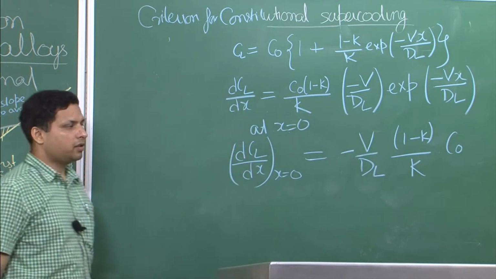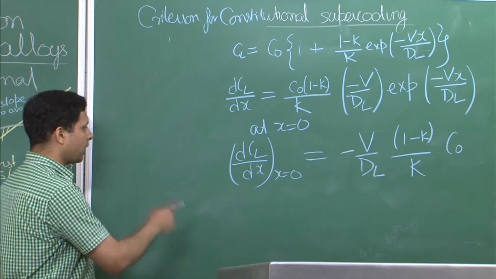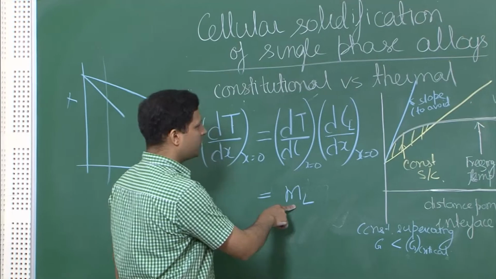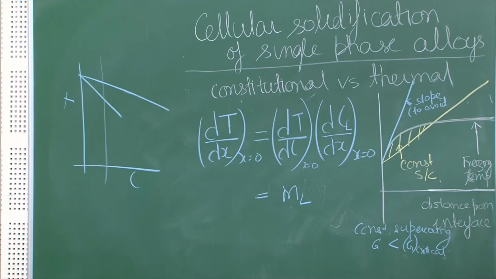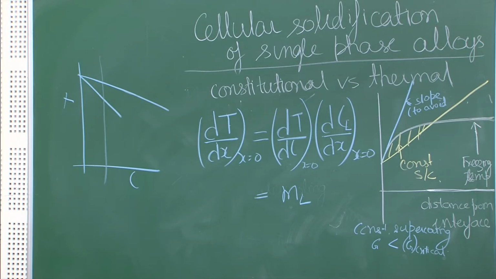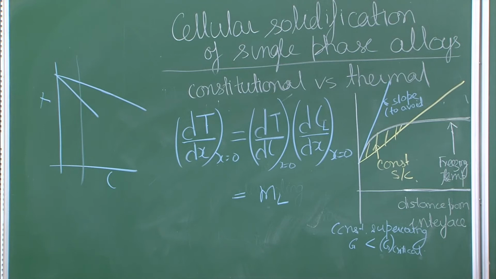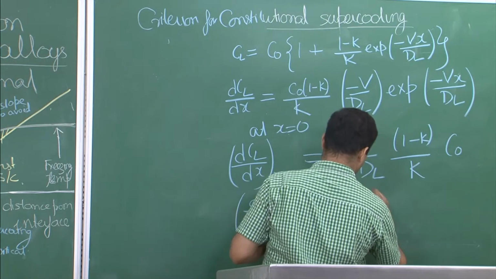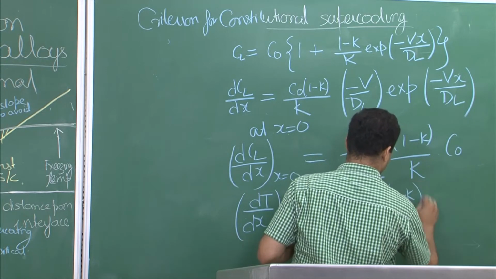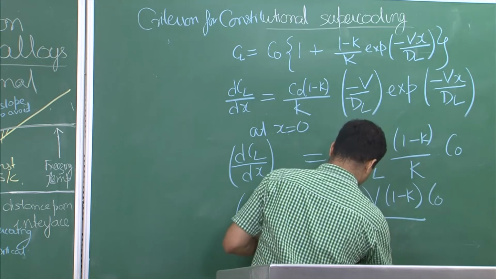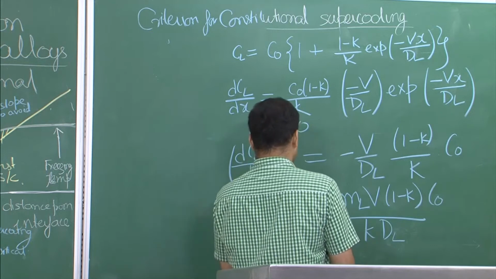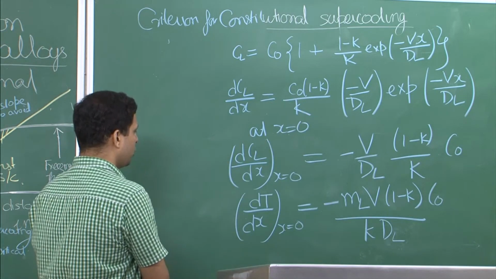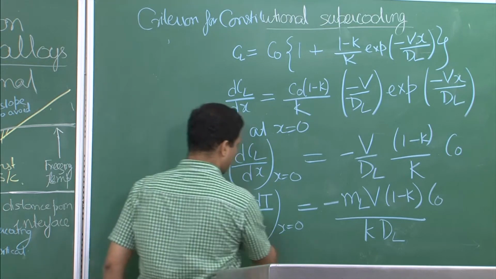So this is your dCl by dx at x equal to 0. Now you multiply it by ml and you get dT by dx at x equal to 0.